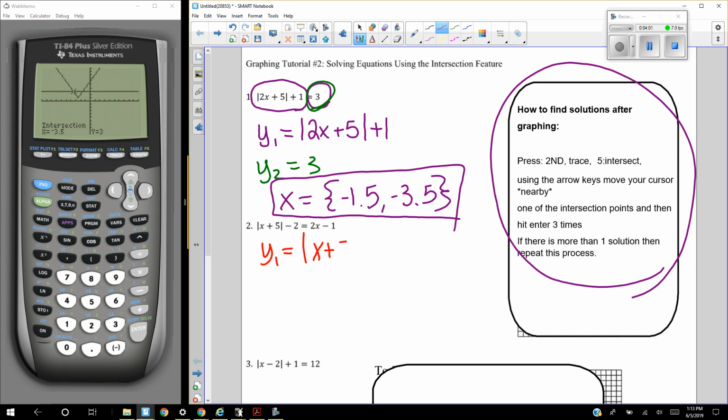There'll be some questions that require work, but if it doesn't require work, then you can use this calculator trick. Need to be able to solve these problems really both ways. Go ahead and pause the video and try to come up with the solution or solutions to this problem.